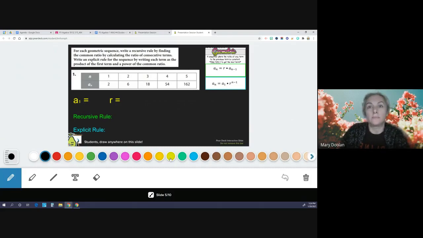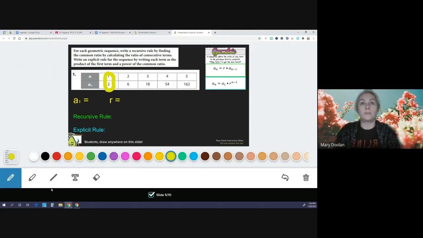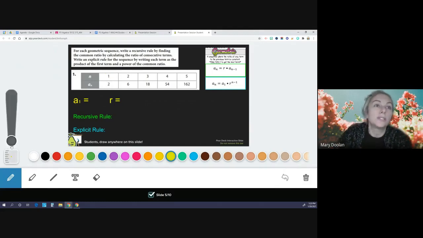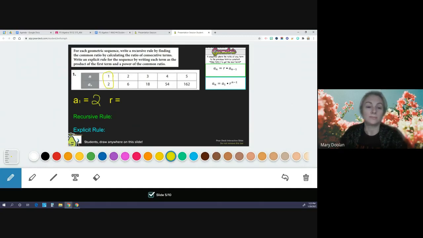But the way you get that one is you look at where n is 1, and then that is the first value. I really don't like how thick that was, so I'm going to change this. It always defaults to the thickest pen size ever, and so you have to change it over here with your sizer. So at n equals 1, my first term in the sequence is just 2.